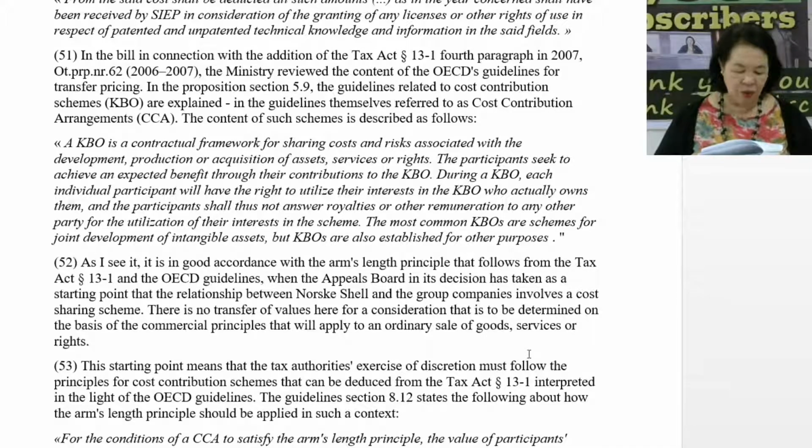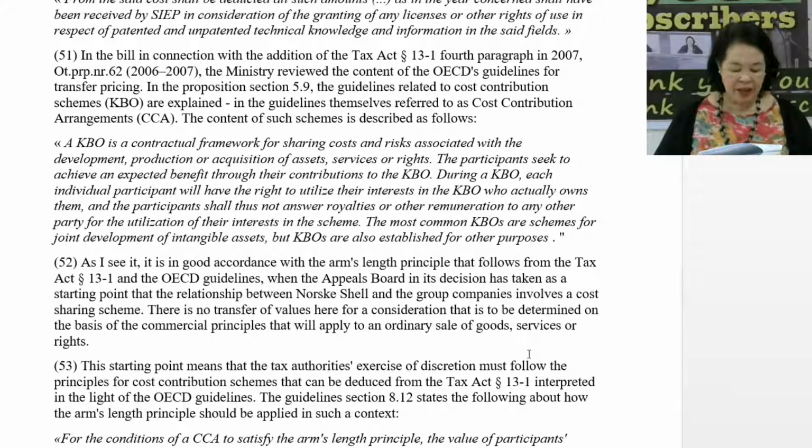A KBO is a contractual framework for sharing costs and risks associated with the development, production, or acquisition of assets, services, or rights. No? So the participants seek to achieve an expected benefit through their contributions to the KBO. During a KBO, each individual participant will have the right to utilize their interest in the KBO who actually owns them.